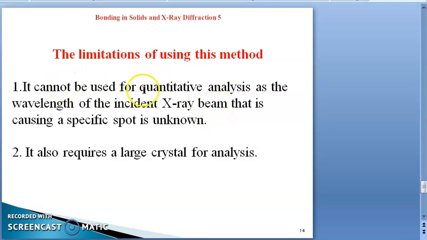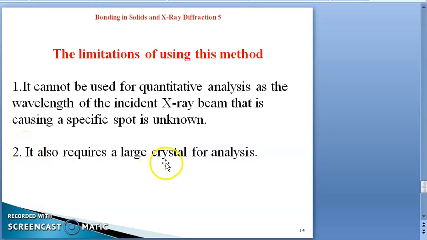It cannot be used for quantitative analysis, as the wavelength of the incident X-ray beam that is causing a specific spot is unknown. Second one is, it also requires a large crystal for the analysis. Got it? So this method has limitations, and the second limitation is very important.